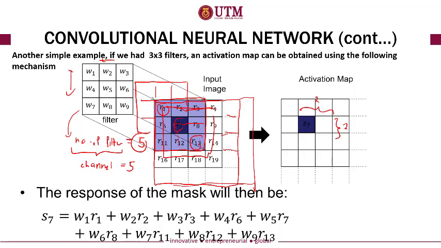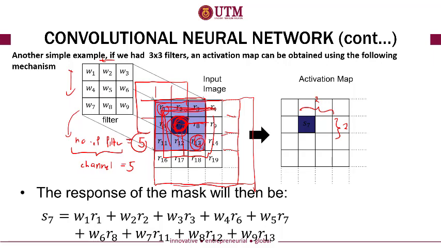If you use a filter of size 3 times 3, then you start here, and you ignore all the pixels close to the border. If it's 5 times 5, you start here, meaning that you ignore these 2 lines.